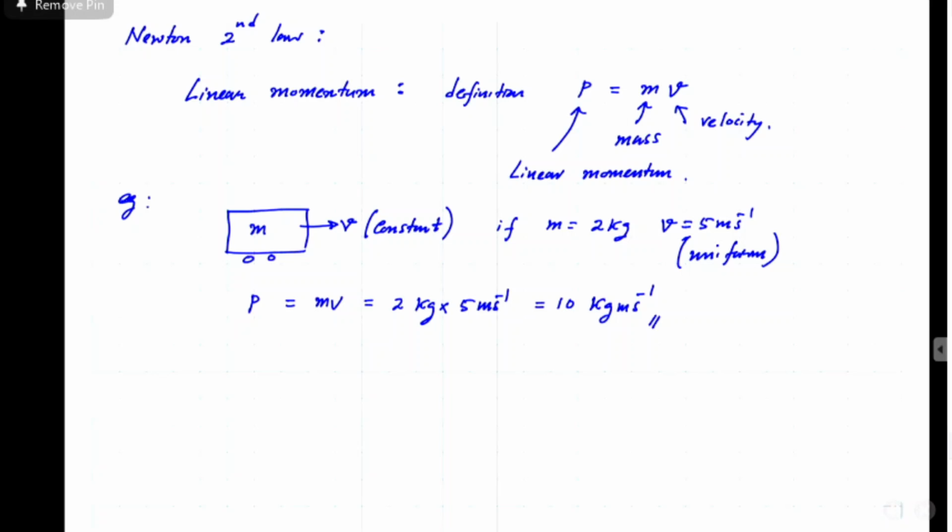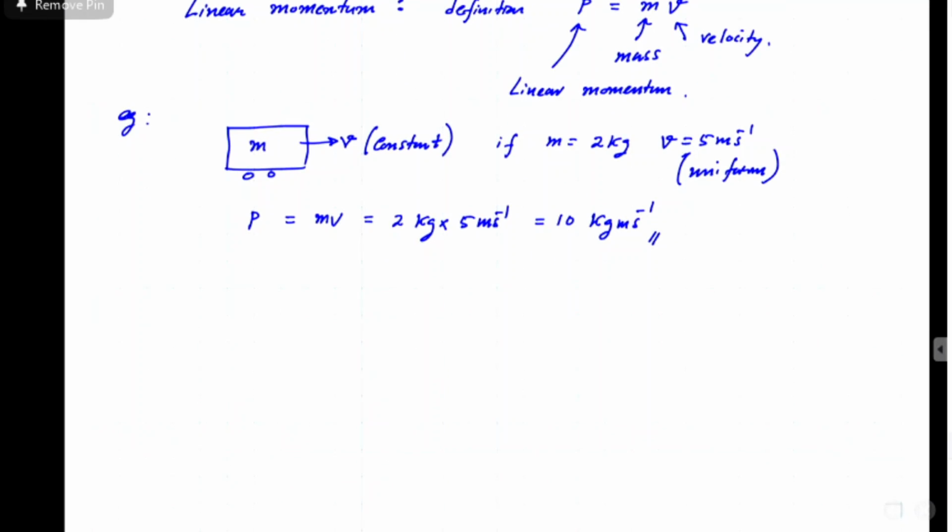So those things you can feel, but this velocity you can feel, this mass you can feel, this momentum you can't feel. It is a derived quantity. It's a mathematically derived quantity.